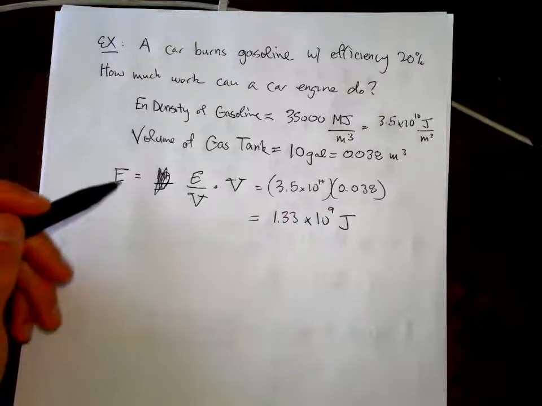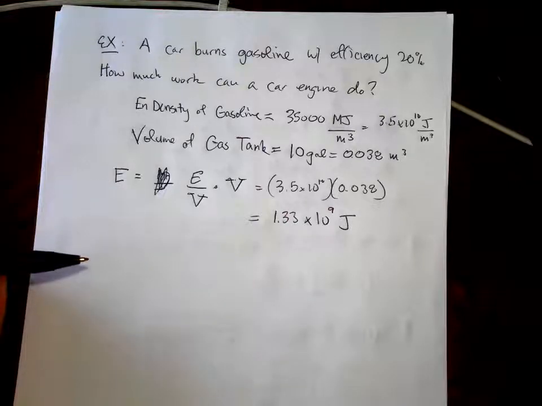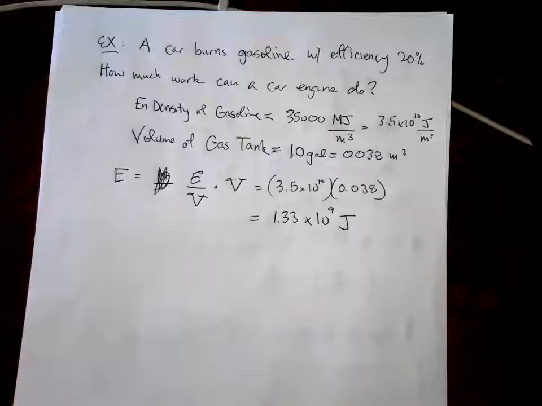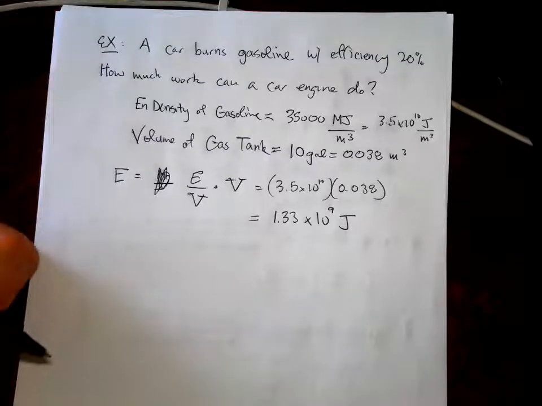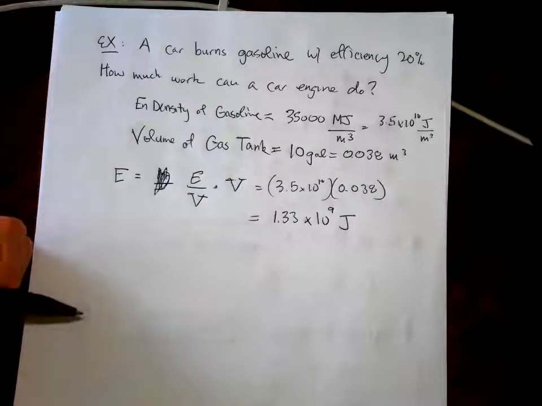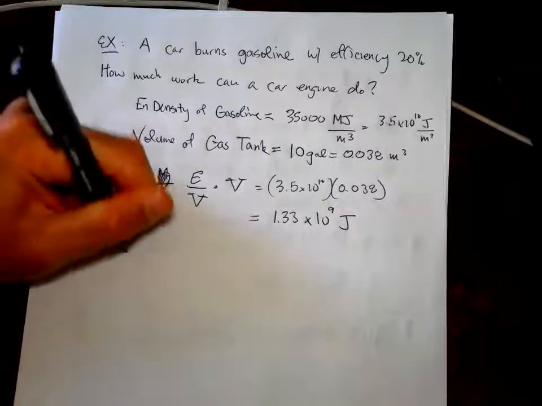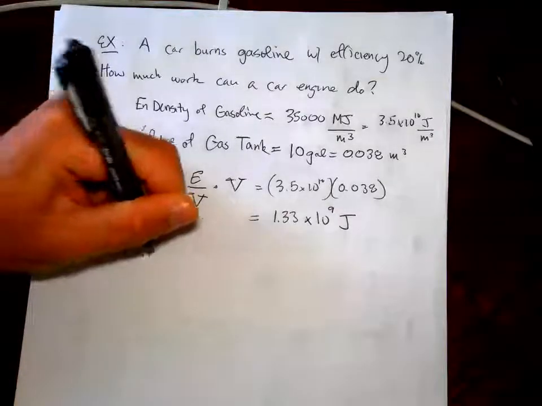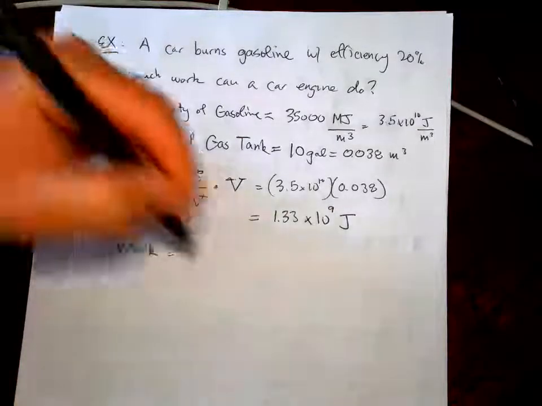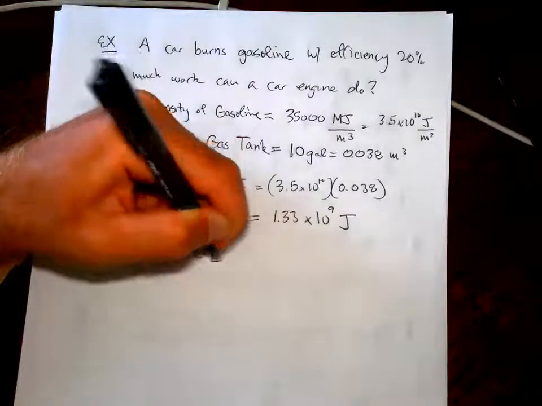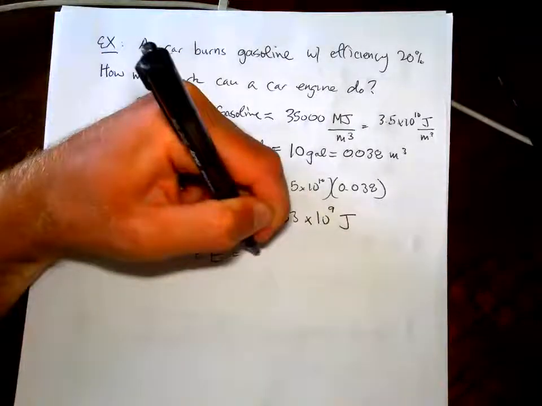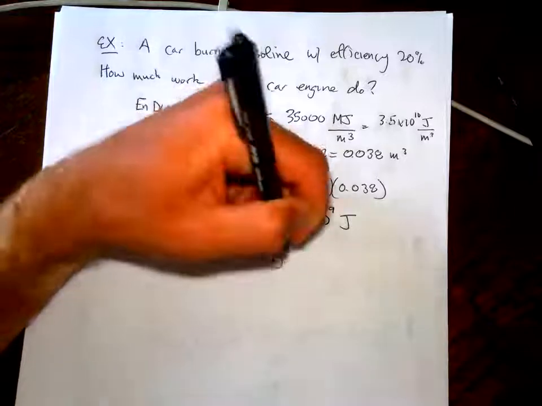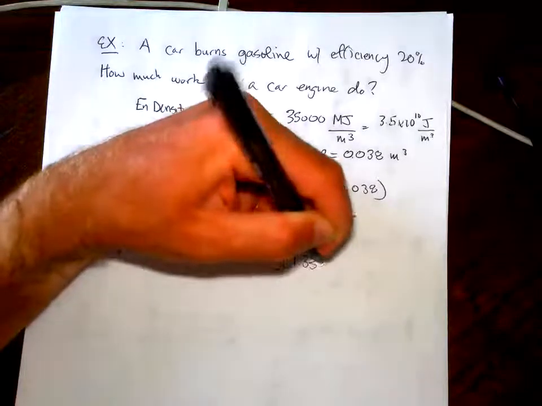But again, this is just the heat released by burning all of the gasoline in the gas tank. I have to factor in the efficiency of the vehicle. So the actual work done would be the efficiency times the heat released. So it's going to be 20% of that, 0.2 times 1.33 times 10 to the ninth.